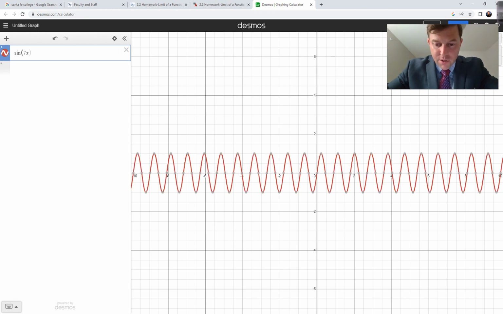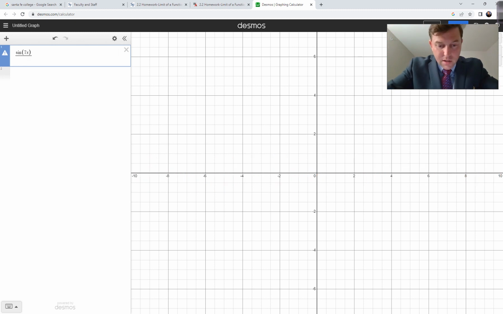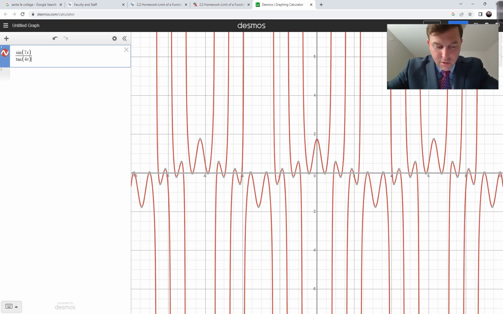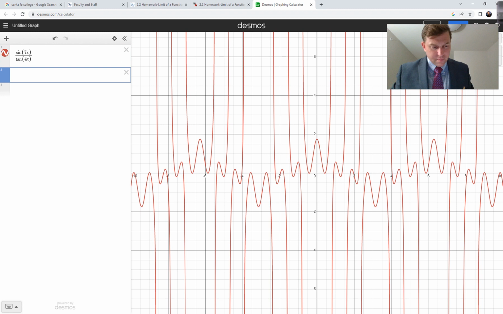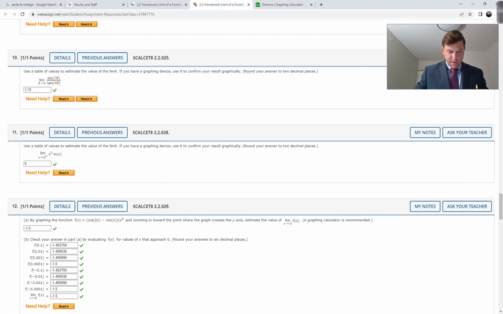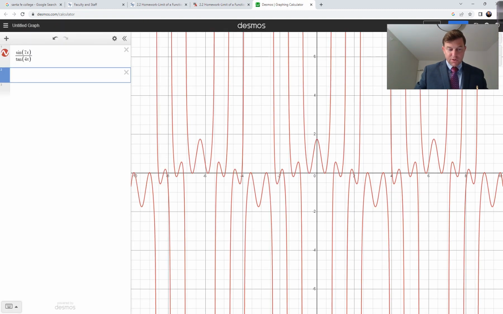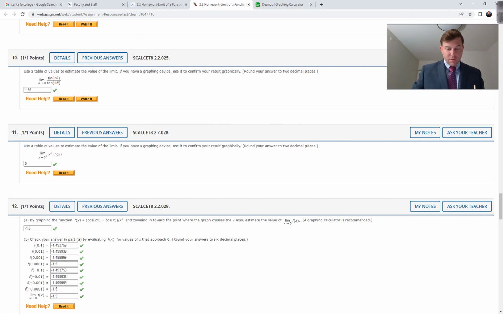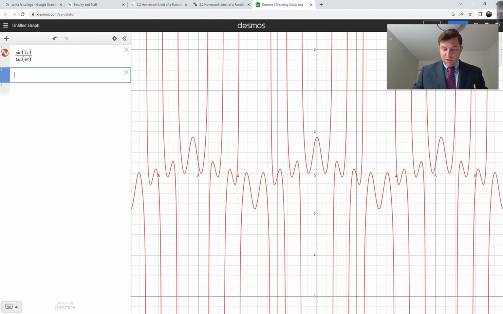We won't use theta, we'll use x. Divided by tangent of 4x, enter. Let me make sure that was right. Sine 7 theta over tangent 4 theta. And you can just replace theta with x. And they want to see as x approaches 0, or theta approaches 0.